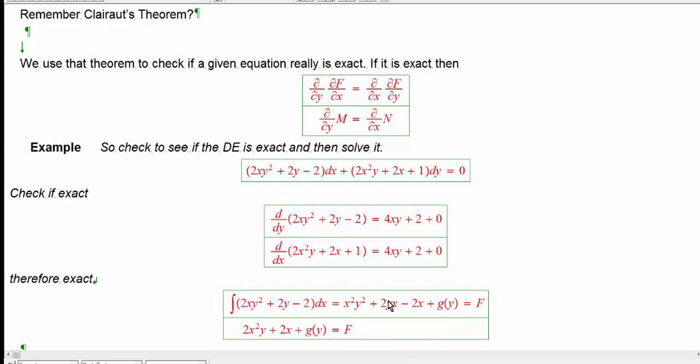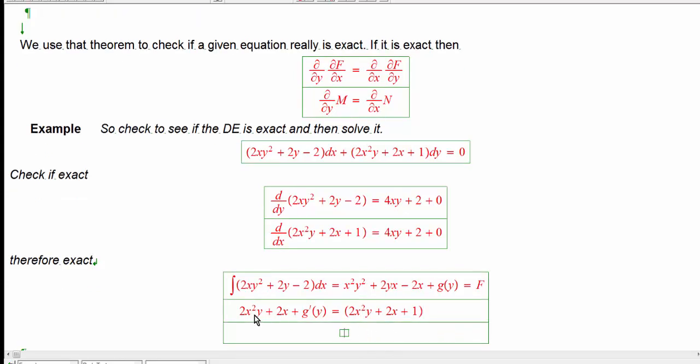So I took that, differentiated with respect to y, so now that's g prime of y, and this should be equal to the second bracket, the function differentiated with respect to y, the unknown f function. So now, well, there's 2x squared y, 2x squared y, 2x, 2x.